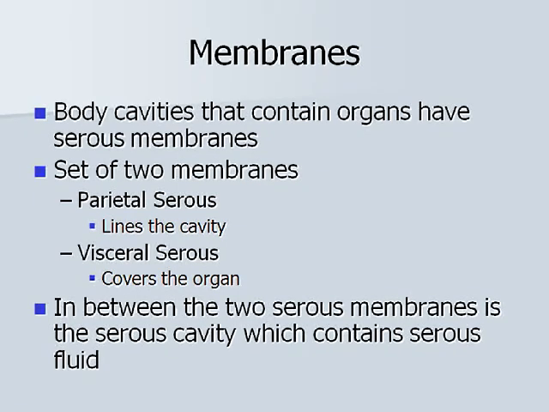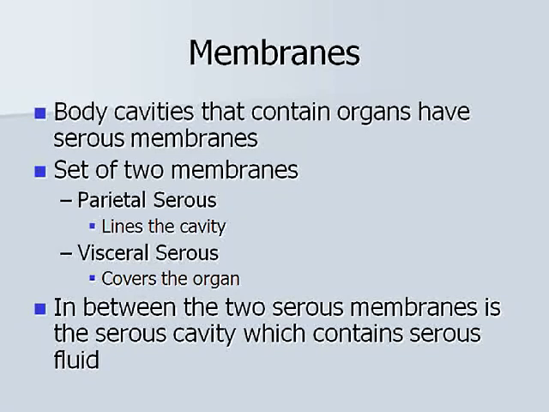Serous membranes come in sets of two. You have a parietal serous membrane and a visceral serous membrane. So the word serous membrane should never mean one thing to you. It should mean there's a set of two membranes. The parietal serous membrane lines the cavity itself.